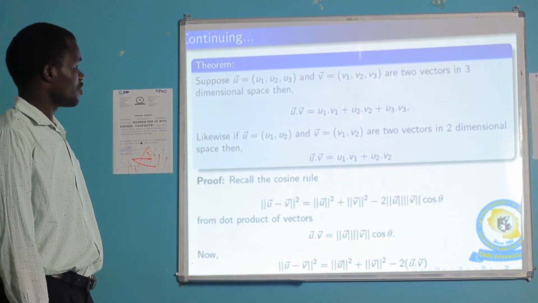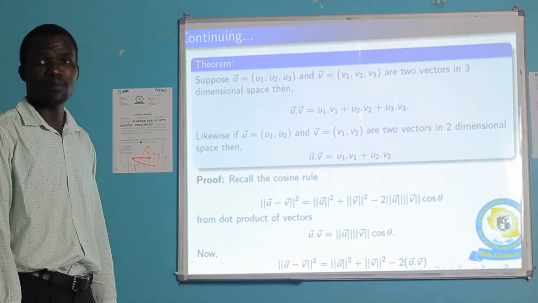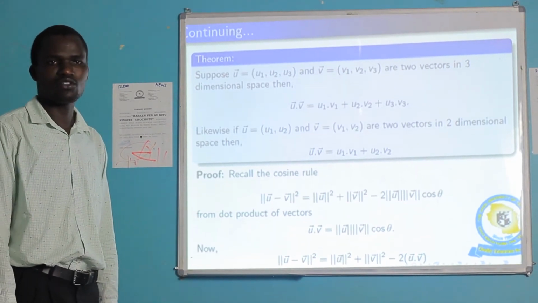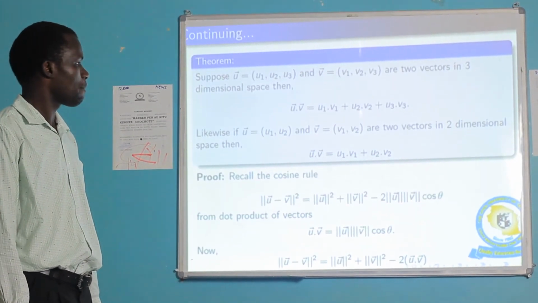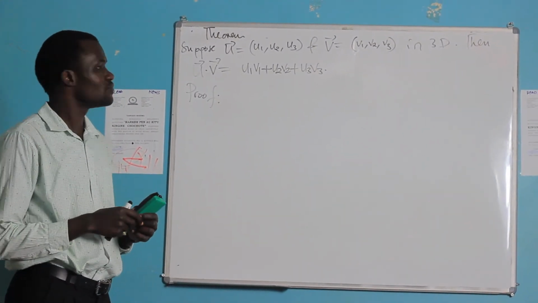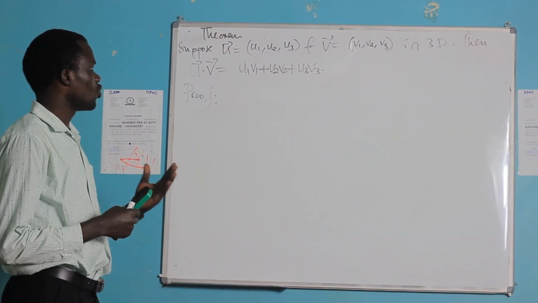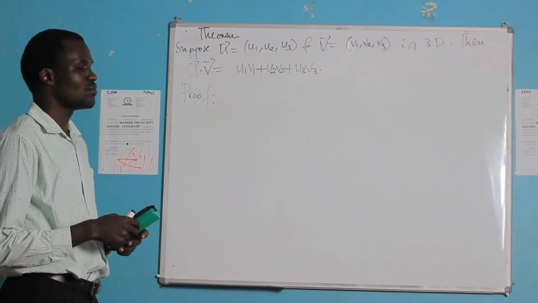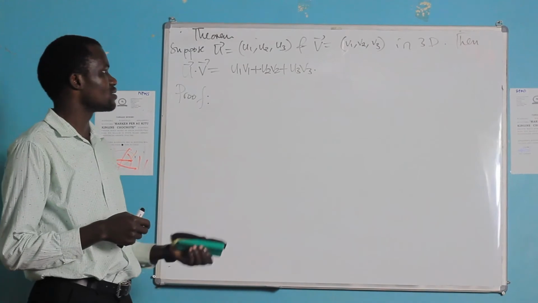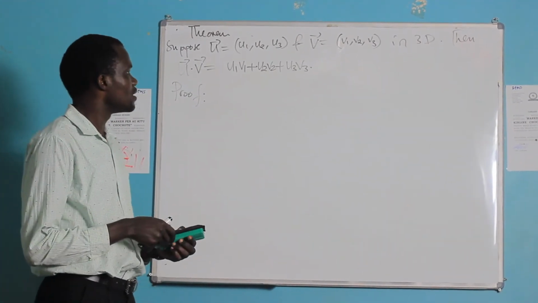Okay, let's go prove this formula, this theorem. Okay, students, suppose we have two vectors. u with 3 entries means it is in 3 dimensions, and v with 3 entries means it is in 3 dimensions.